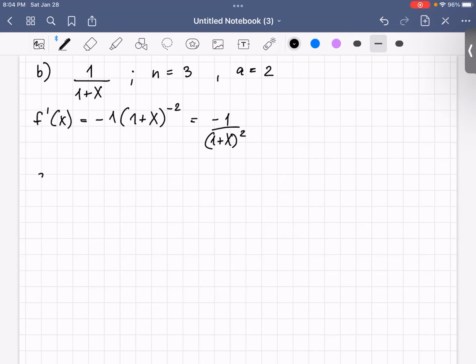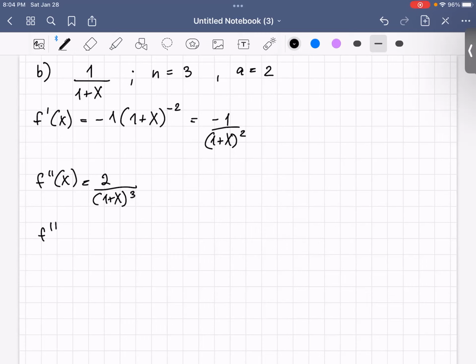So the second derivative is going to be 2 over 1 plus x to the power of 3.